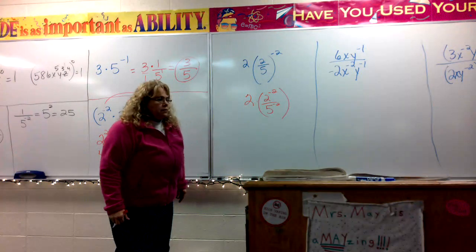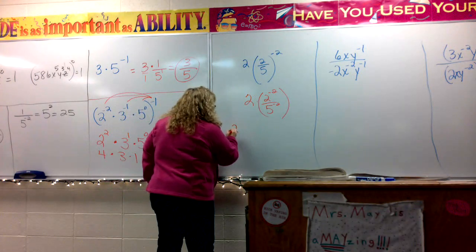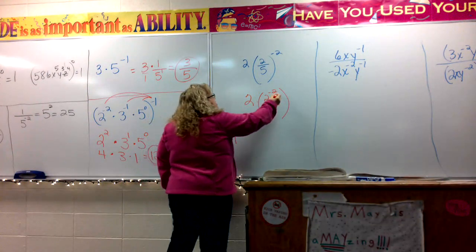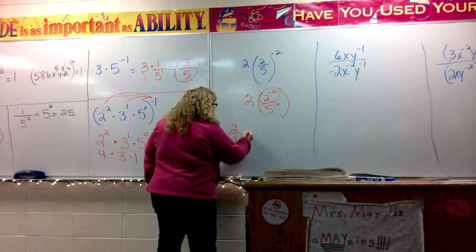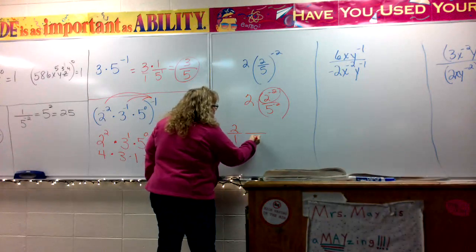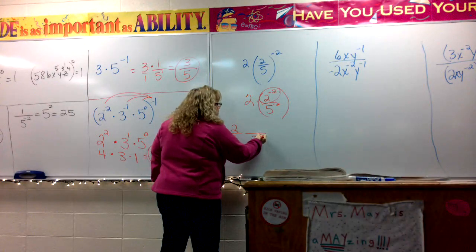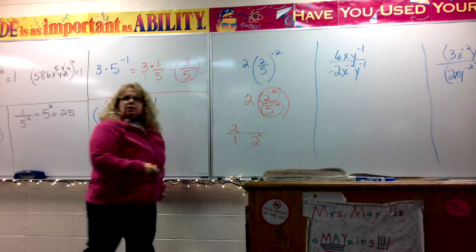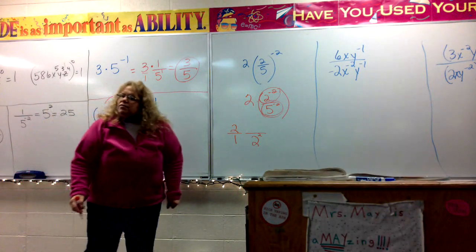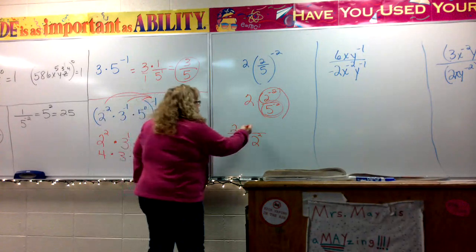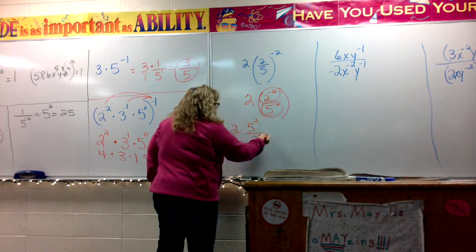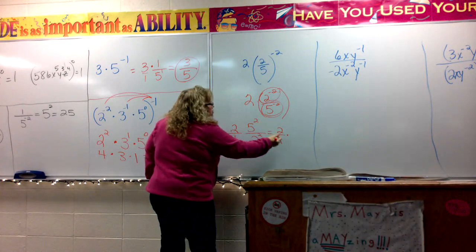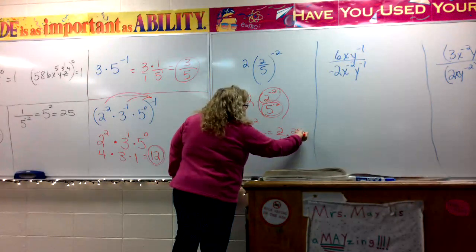I'm going to put a 1 under there because I like a 1 under there. This one is negative on the top. What do you do with a negative on top? You move it to the bottom and make it positive. This one is negative on the bottom. What do you do if it's negative on the bottom? Move it to the top and make it positive. So 2 over 1, that's going to be 5 squared over.